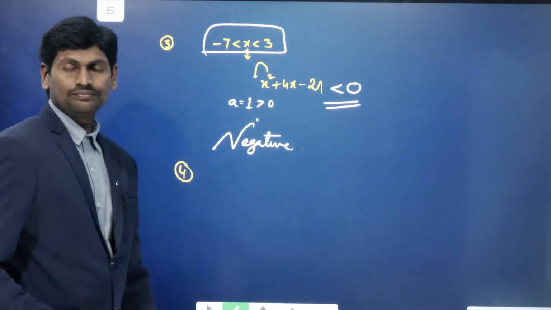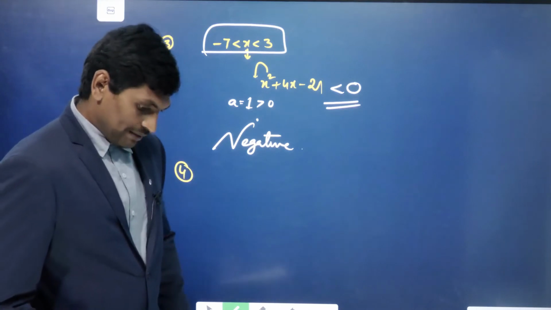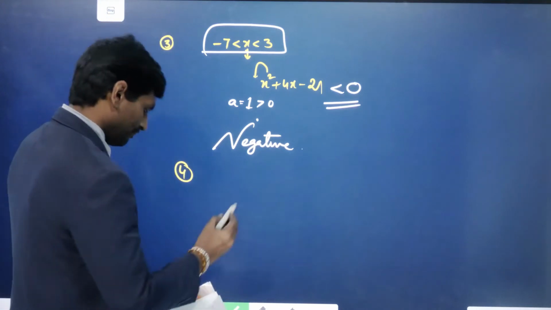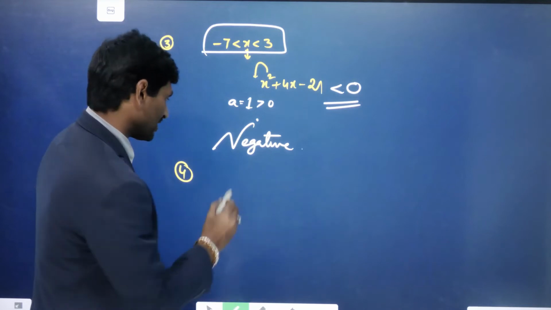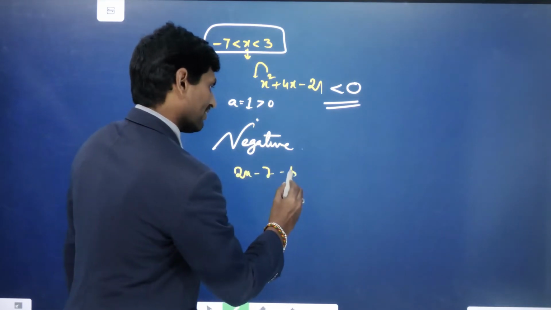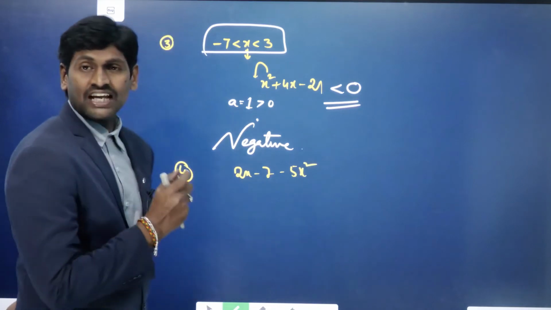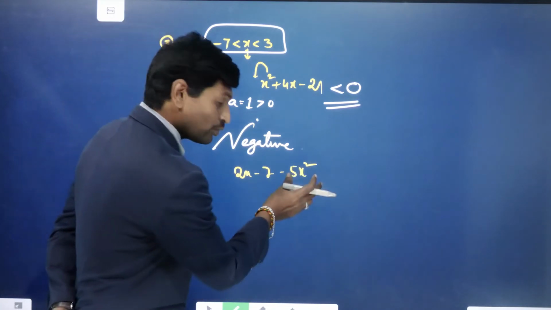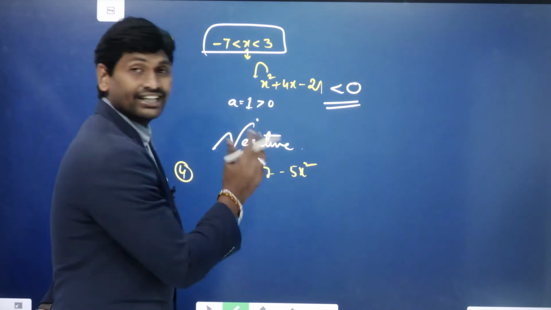Question number 4. Check. Maxima. We need to find the maxima of the given quadratic expression 2x minus 7 minus 5x square. Now I am arranging in an order: first x square term, x term and constant term.